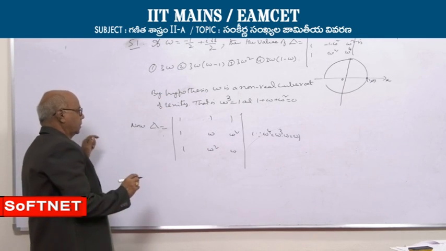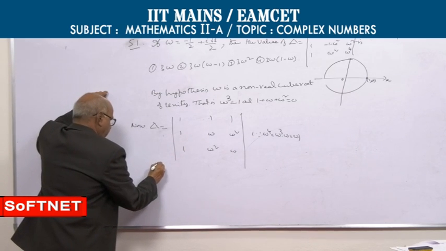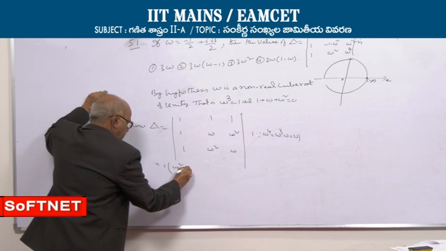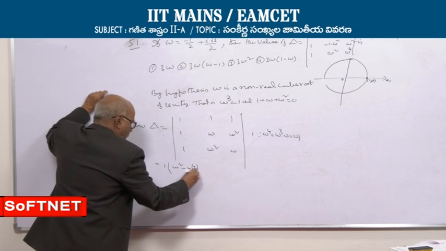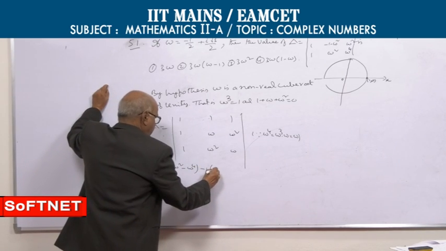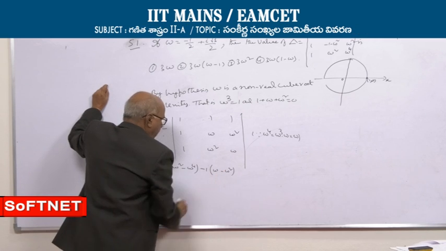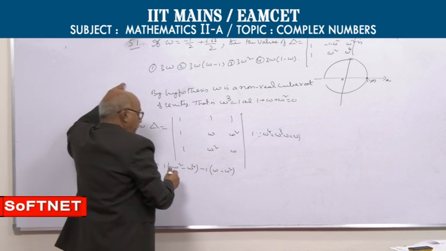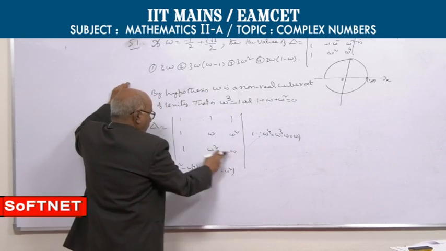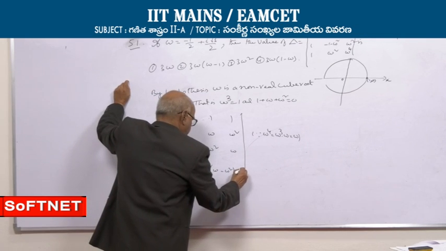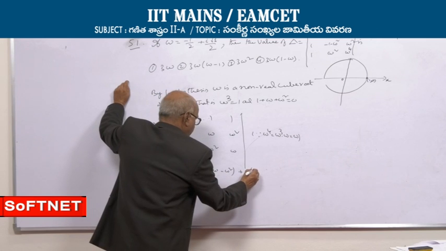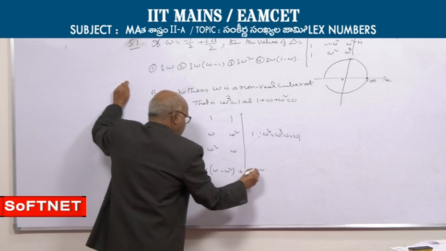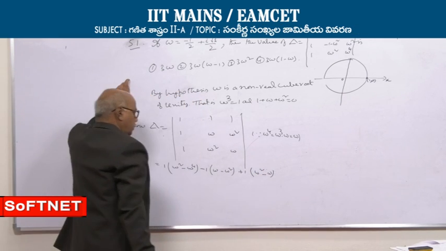Now expand it. That is equal to 1 into omega square minus omega power 4, minus 1 into omega minus omega square. This is the fundamental expansion of a determinant. By definition of the determinant, minus 1 into omega minus omega square, plus 1 into omega square minus omega.